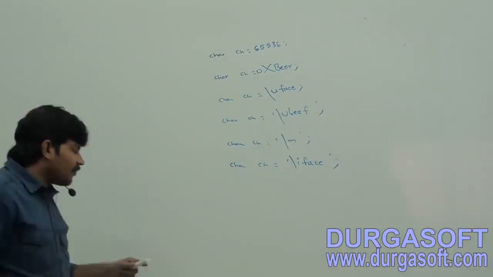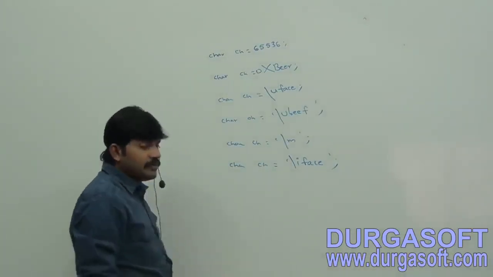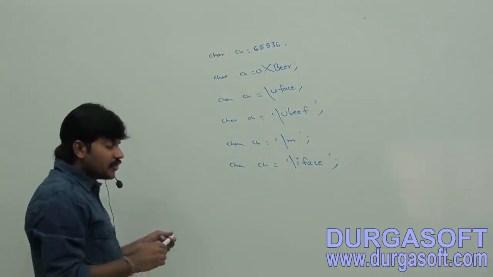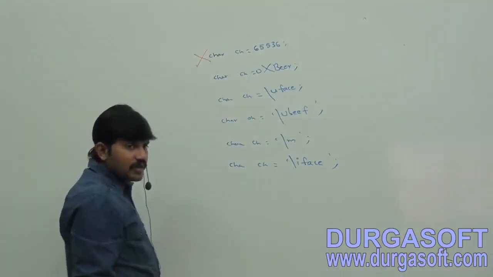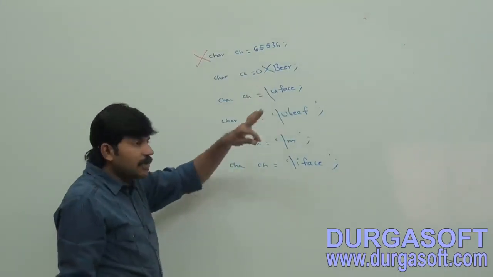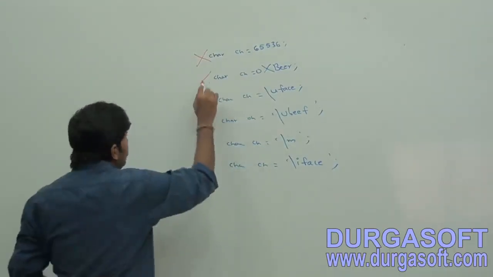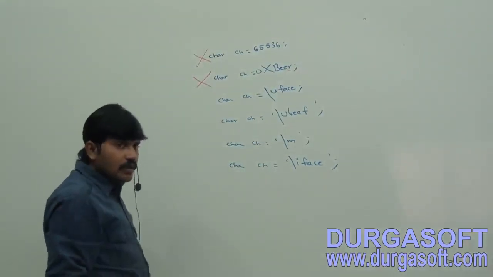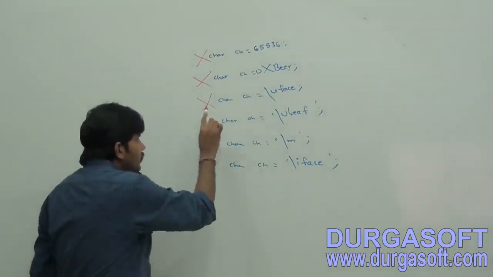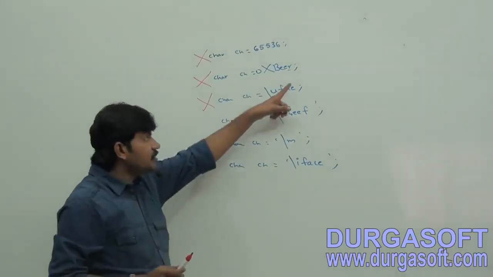Can you tell which are valid and which are invalid? First one, invalid, because 65,536 is out of range. Second one, invalid, because 0xBEEF is valid but BEER is invalid because of the R symbol. Third one, invalid, because single quotes are missing.